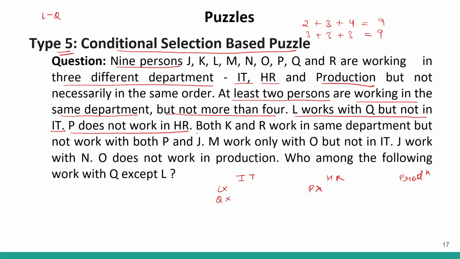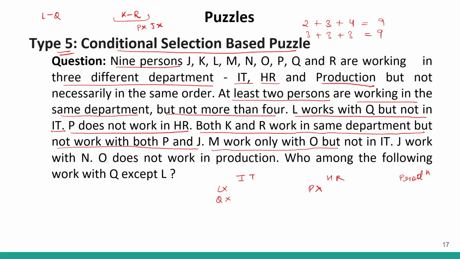Now, both K and R work in the same department, but not with P and J. So K, R work together, but we cannot have P with them and we cannot have J with them. Just keep holding this information, because towards the end of the question you would be able to place them. Just for now, keep holding the positions.